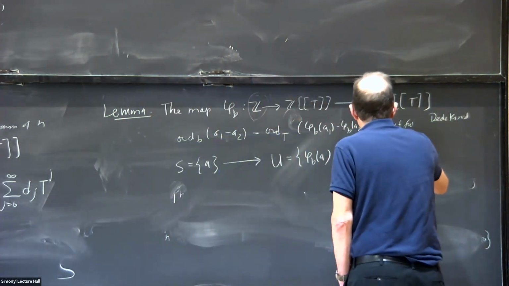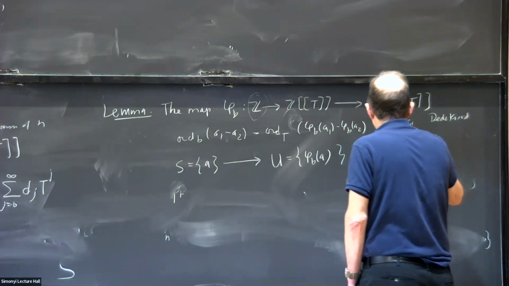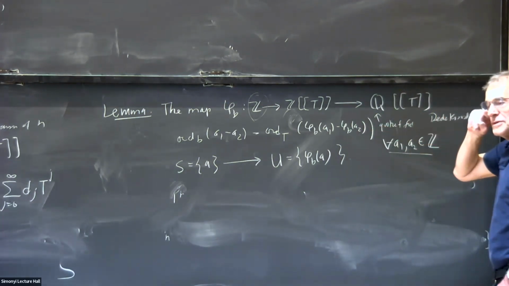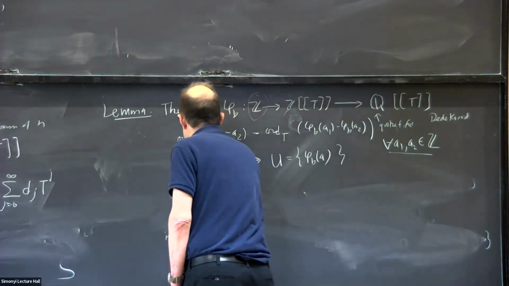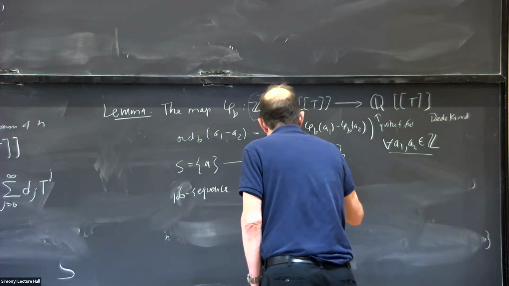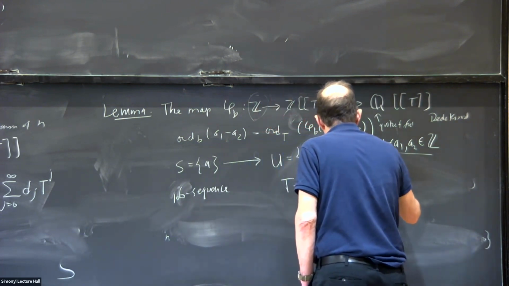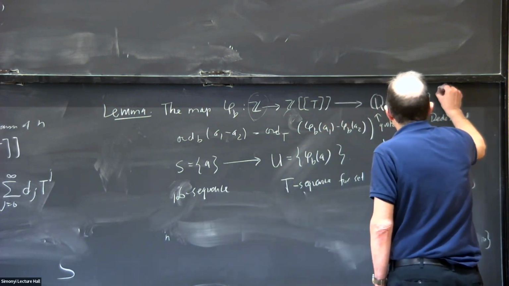This will be true for all A1 and all A2 in Z, so this recipe here will be true for all A1 and A2 in Z. So it will transport the B sequence over here into a T sequence over here for the set U, which is the image of S. This map is injective.